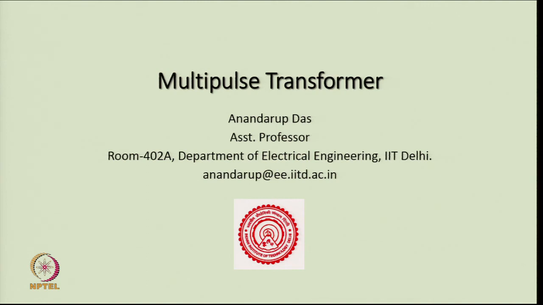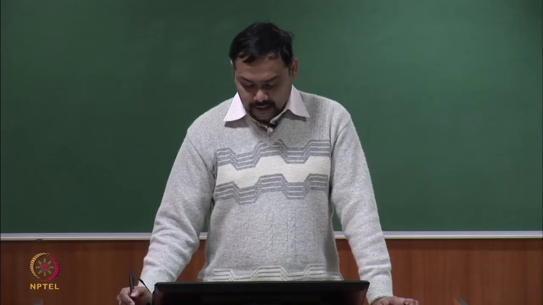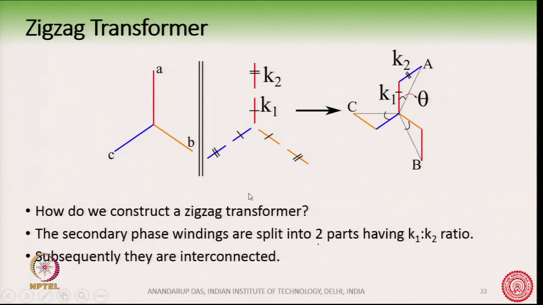Now, here we see the zigzag transformer. You can see here, suppose there is a star connected primary and there is a 3 phase secondary, but in this secondary side of the transformer, the windings are split into 2 parts.